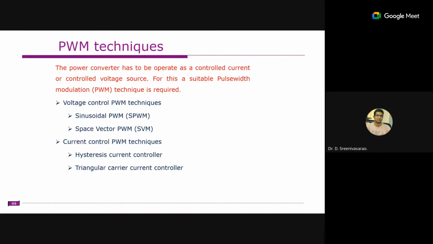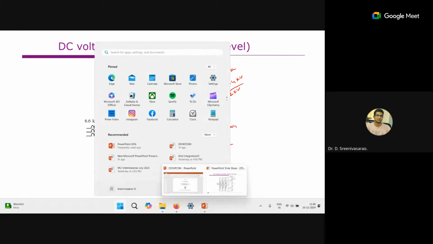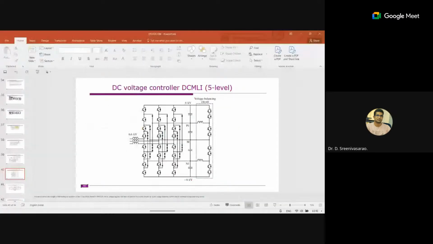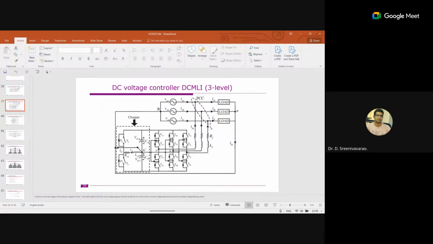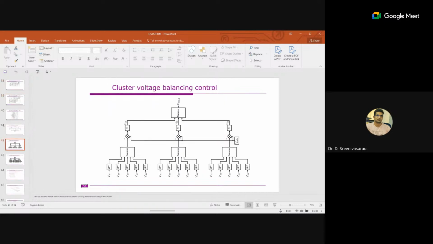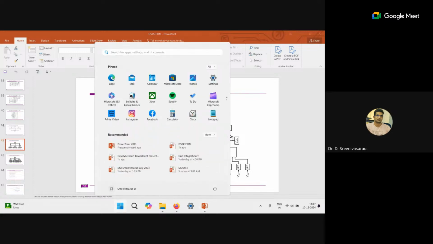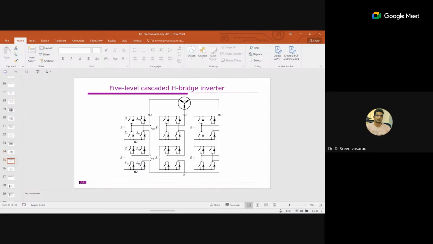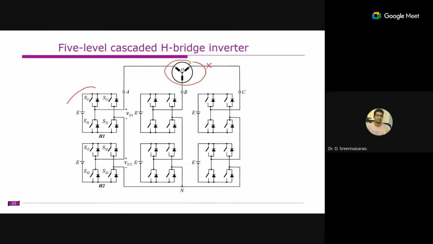So in case of cascade H-bridge kind of thing, let us assume this is operated, and this entire thing is used as an inverter. Cascade H-bridge inverter.